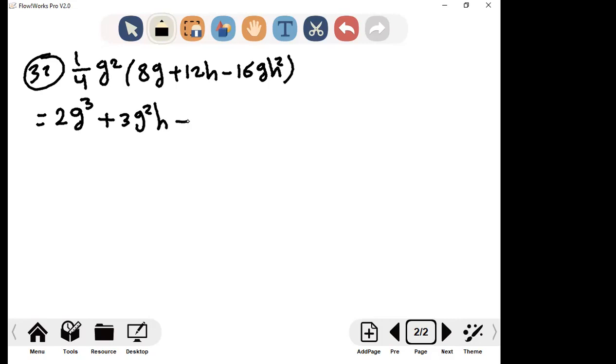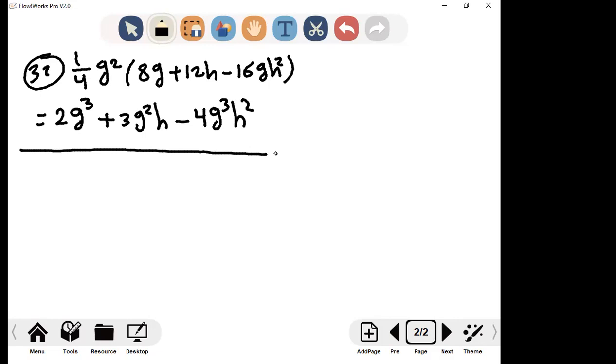Minus 1 multiply 16, 16 divided by 4, 4, negative 4 g power 3 h power 2, right? Now, like terms, the first one g power 3, the second one g power 2h, the third term g power 3 h power 2, no like terms. Okay?